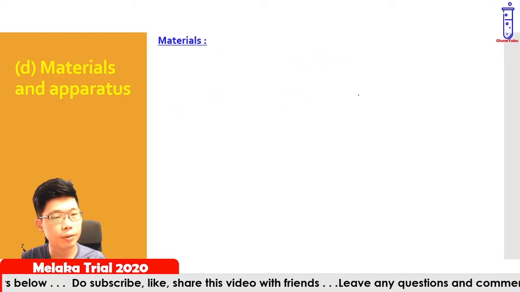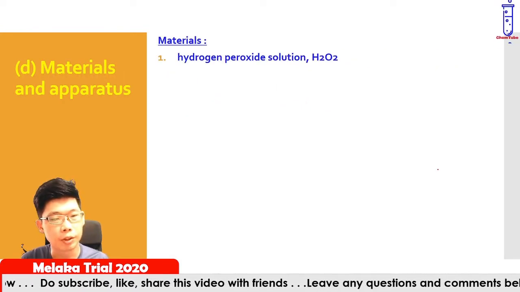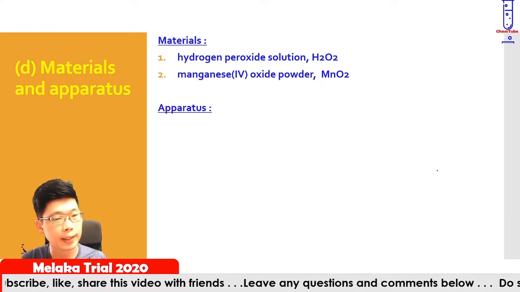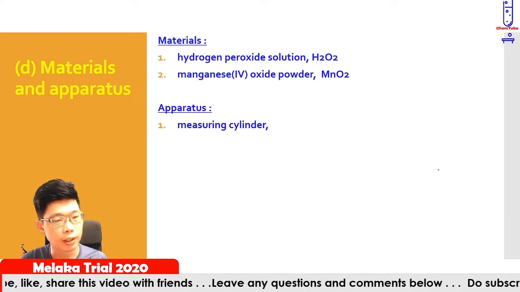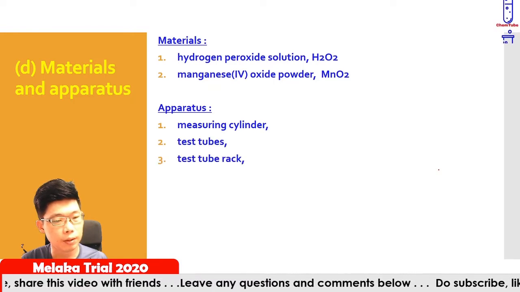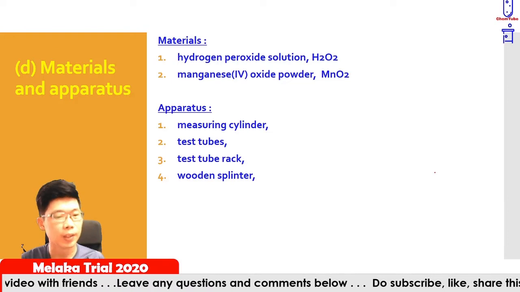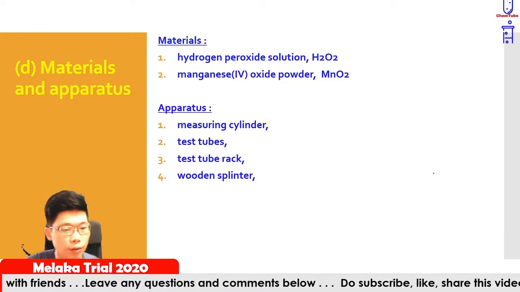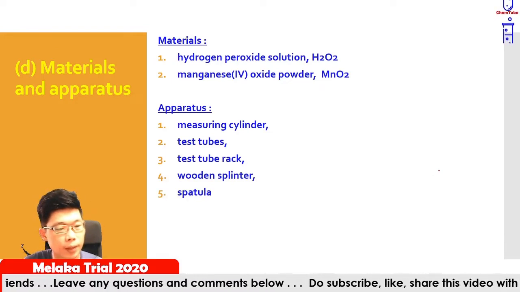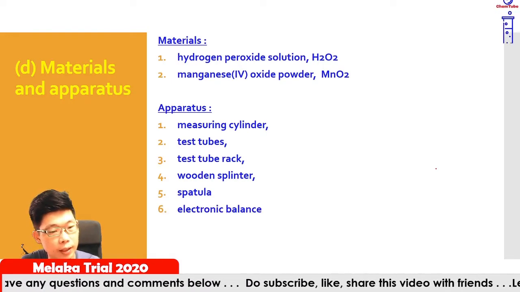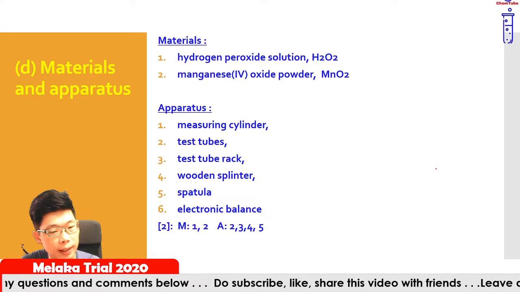Materials used. Number 1 is hydrogen peroxide solution. Number 2, manganese oxide powder as the catalyst. Apparatus used: we use a measuring cylinder, test tubes, test tube rack, and wooden splinter. Number 5 is spatula, and number 6 is electronic balance.